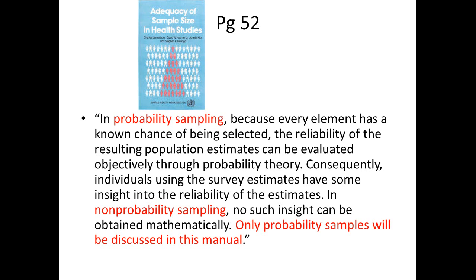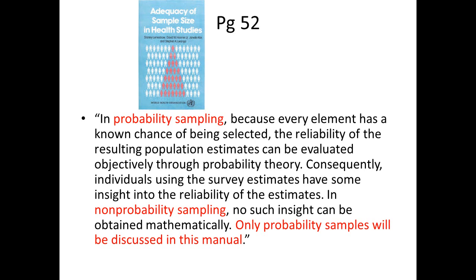Consequently, individuals using the survey estimates have some insight into the reliability of the estimates. In non-probability sampling, no such insight can be obtained mathematically. Only probability samples will be discussed in this manual, right?